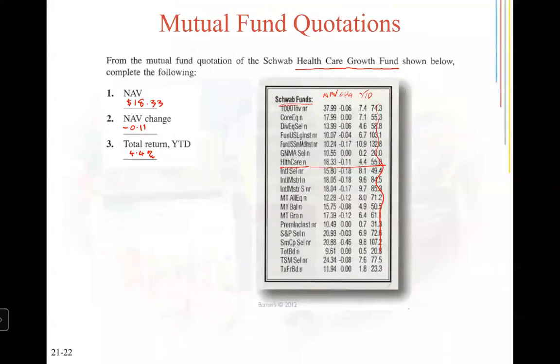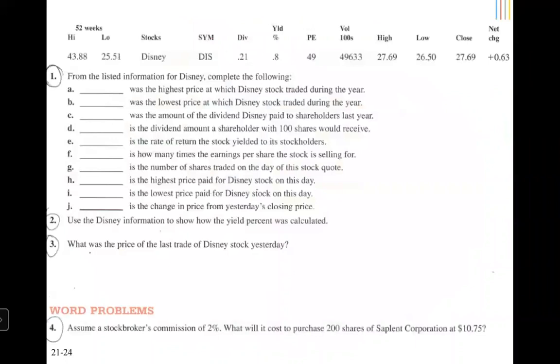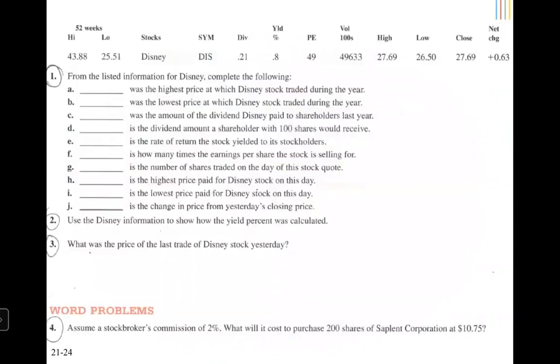Okay. All right. So your homework questions are here. I have them copied onto the sheet, and you can see I have the ones that you're supposed to do circled. So it's question 1, 2, 3, 4, 6, and 9.